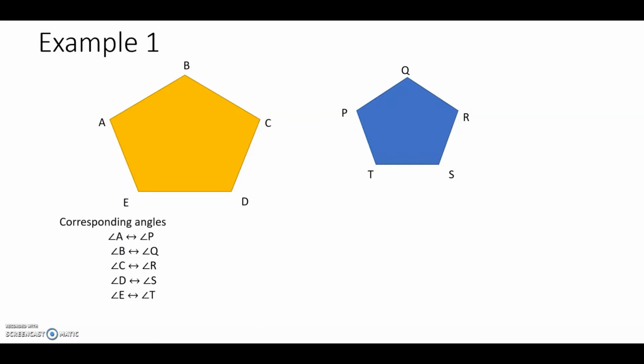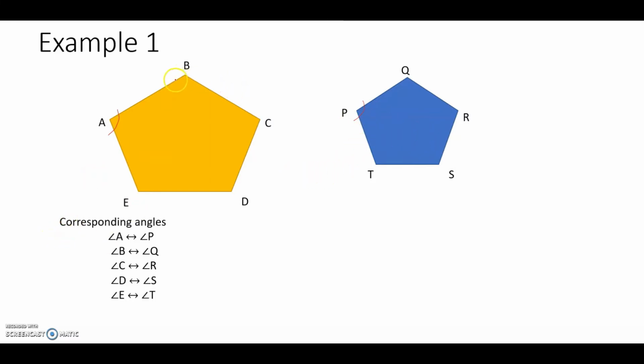First we have the corresponding angles. Let's say angle A corresponds to angle P. Meaning, you just have to follow the position of the angle on the first pentagon that corresponds to the angle for the second pentagon.